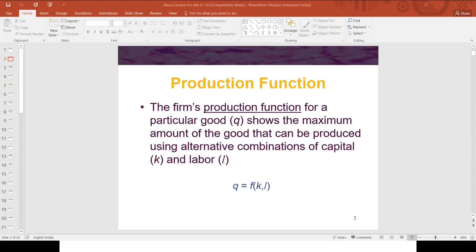So you will get a sigma which is infinite, that is you have a perfectly elastic case.